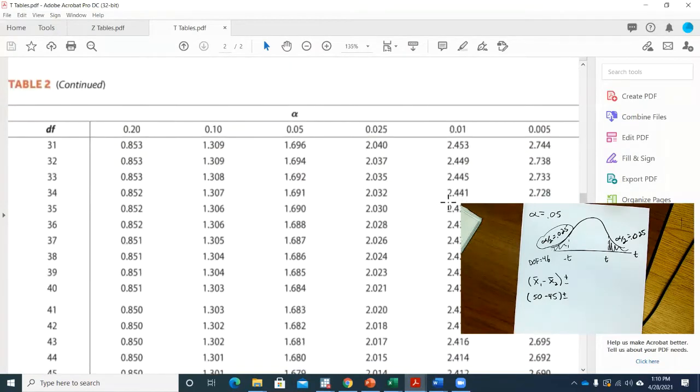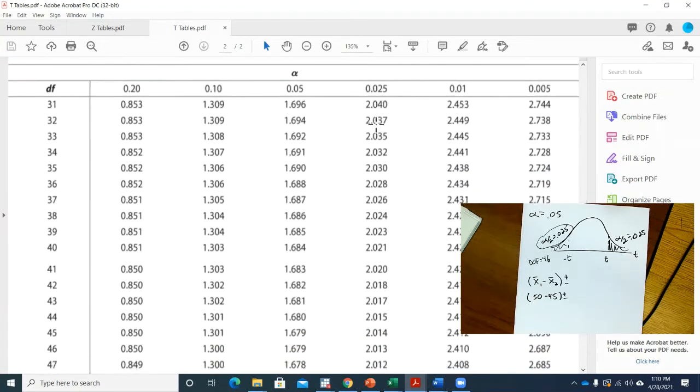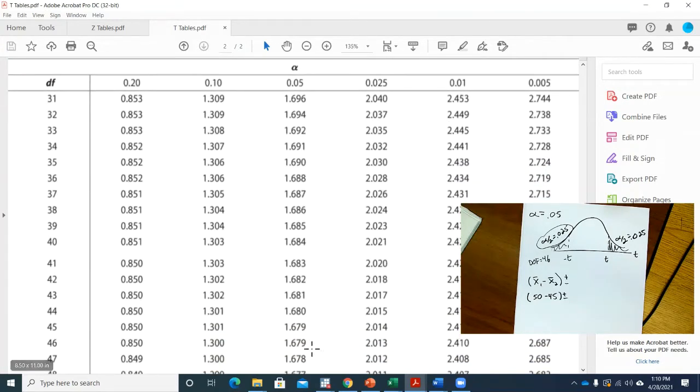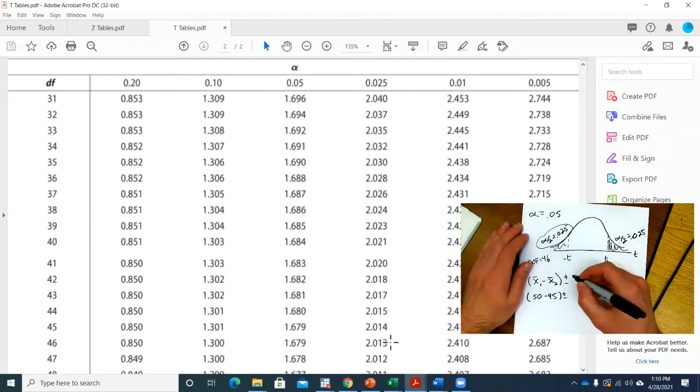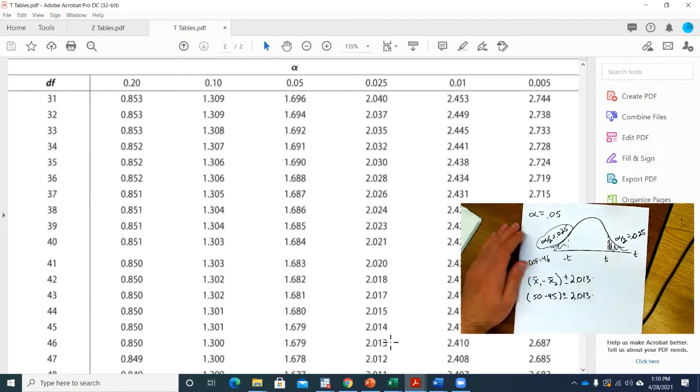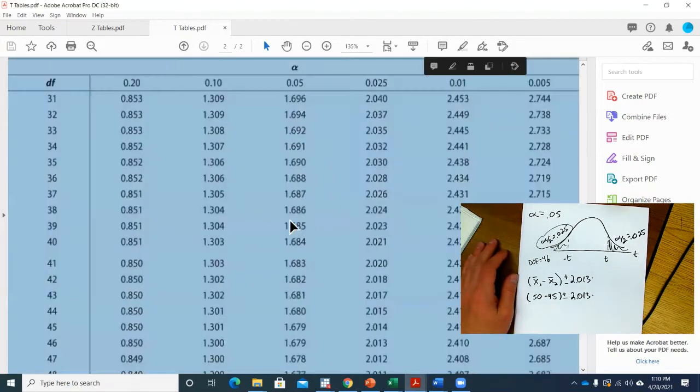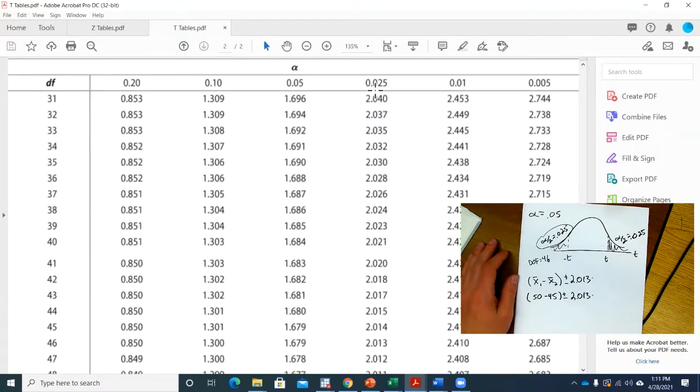The area I want in my tail, 0.025, degrees of freedom, 46, gives 2.013. Any questions on how I found that value? Alpha over 2 is the area in one tail, degrees of freedom of 46.